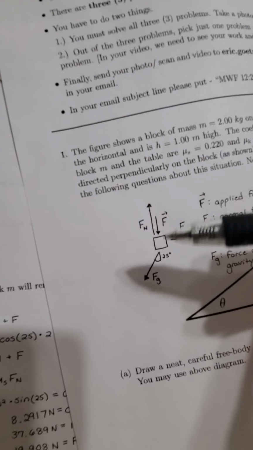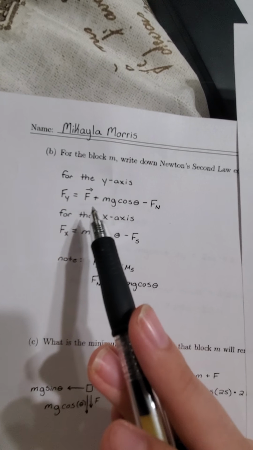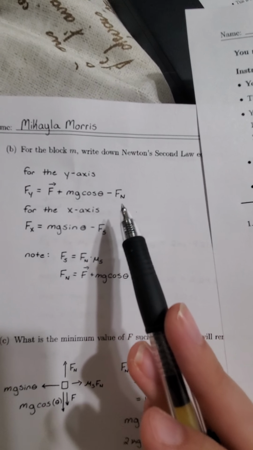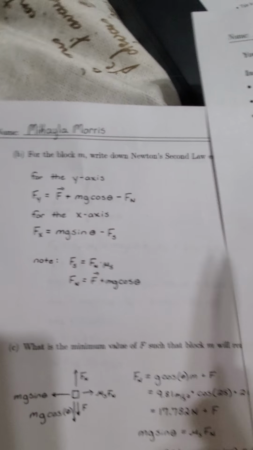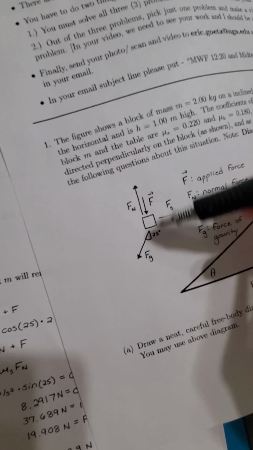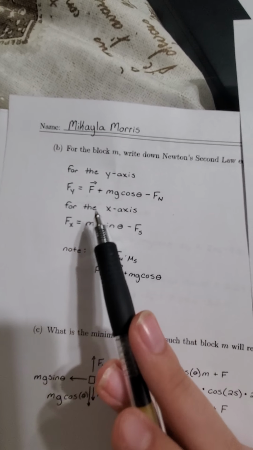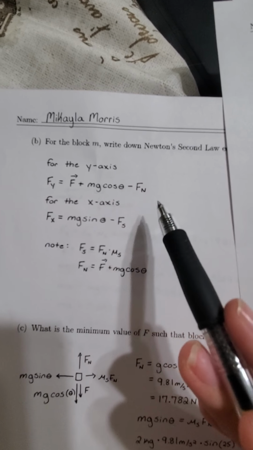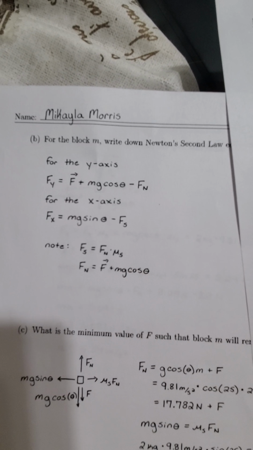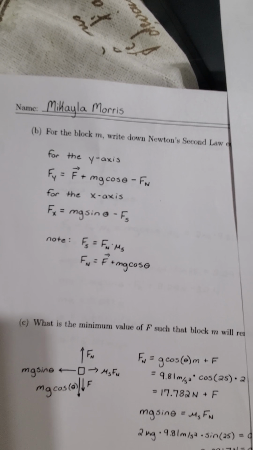Plus the applied force, which we don't know what that is yet, which is this, and then you would subtract the normal force, and that would give you the total force for the y-axis. I could say this equals 0 since the object is stationary. I didn't write that yet. I don't know if I'm supposed to write that or not.